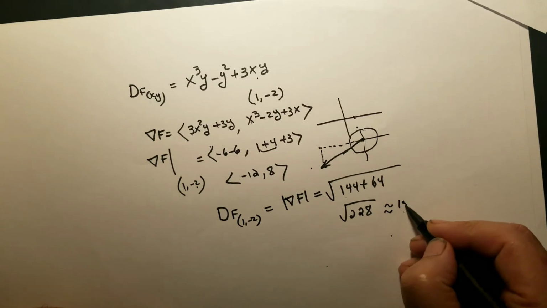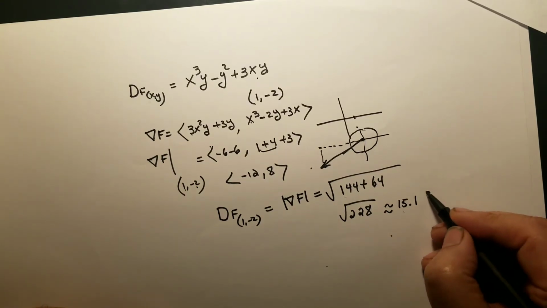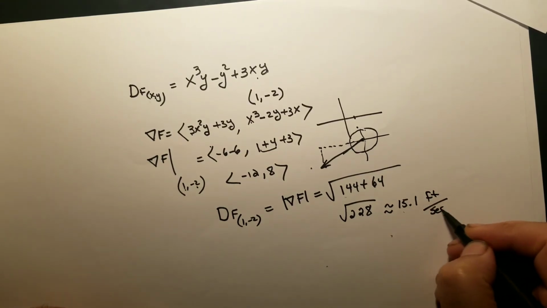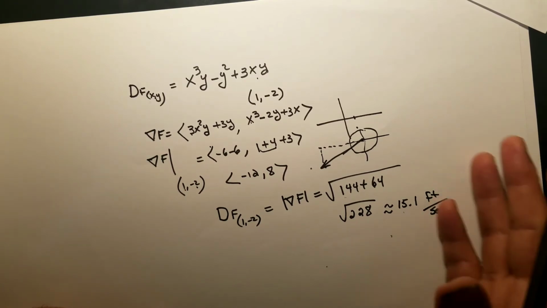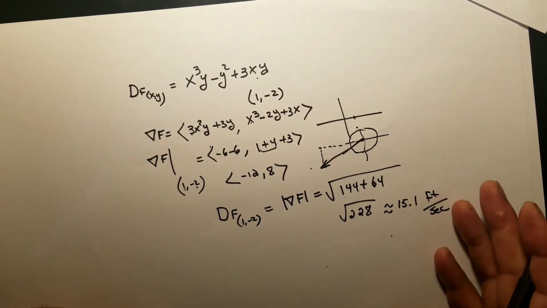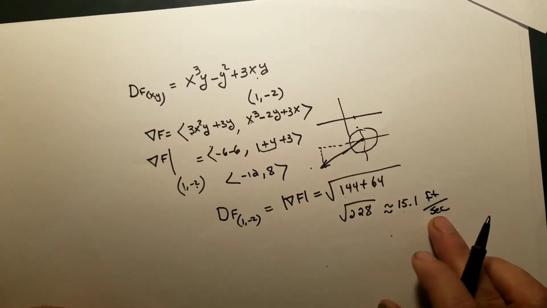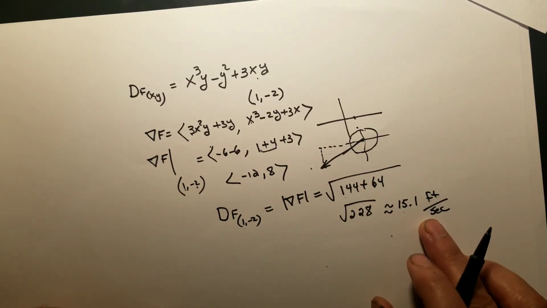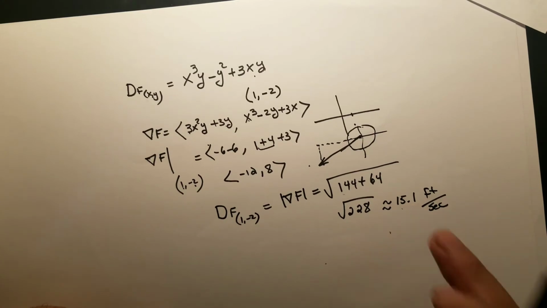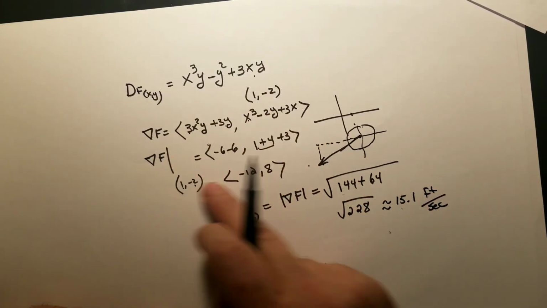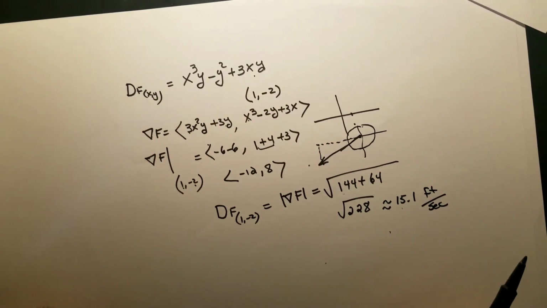This is approximately 15.1 feet per second, because this is a rate of change and it's a function of time. You say the fire is burning in that direction, and that's how fast it's burning. Therefore, if they ask you the fastest, you only have to do the gradient.